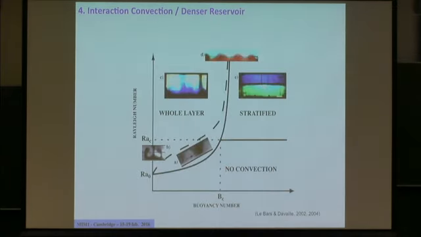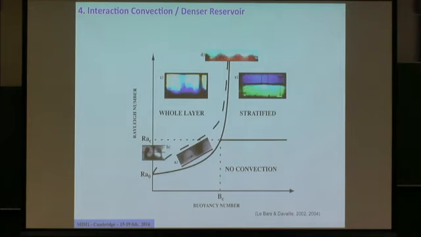So, in fact, if we look at the Rayleigh number as a function of a buoyancy number, we see that for a buoyancy number greater than a critical value, the system is going to stay stratified. So the thermal buoyancy would never be big enough to counterbalance completely the compositional buoyancy, and so we will have convection into superimposed layers.